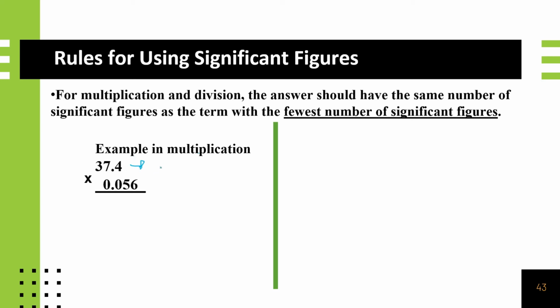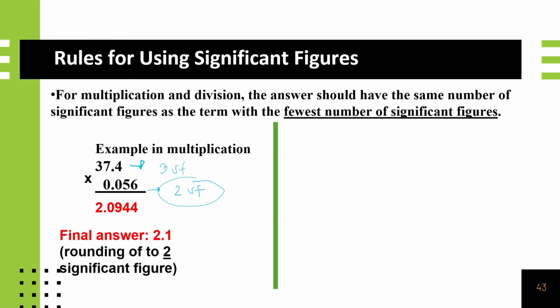First, we have 3 significant figures. Next, we have 2 significant figures. Then we multiply and get the answer 2.0944. Since we have the fewer significant figures, what we follow is 2 significant figures, so the final answer is 2.1. Okay? We follow the 2 significant figures above.